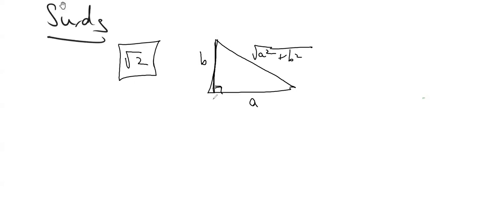So, one of the guys among them, one of their believers, said that, you know what, if we have a right-angled triangle, down here is 1 and down here is 1, then down here is going to be root 2. So if you have a right-angled triangle and the two sides are 1 each, then the hypotenuse, according to Pythagoras theorem, will be root 2.